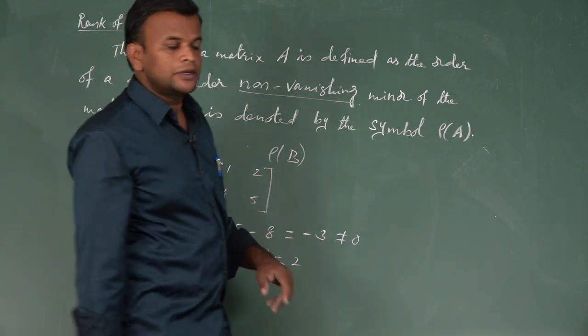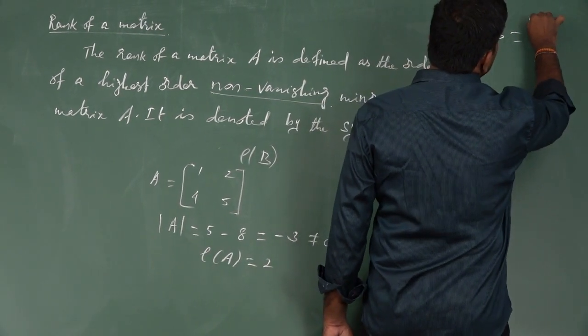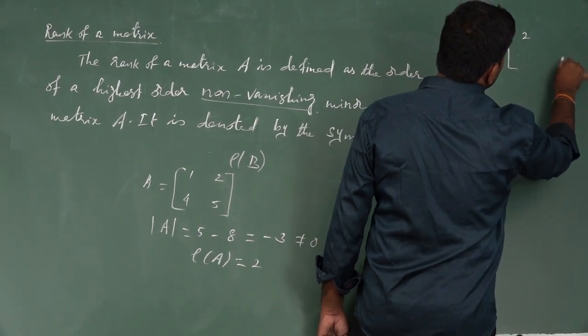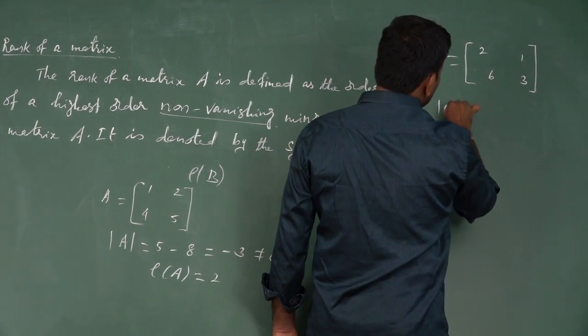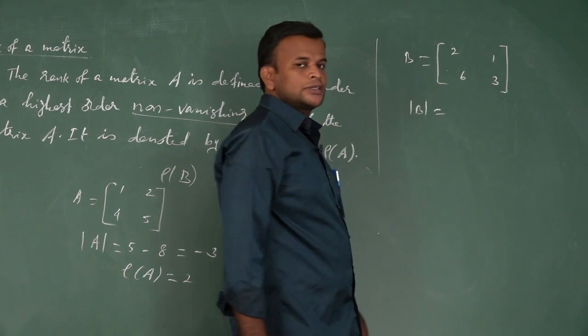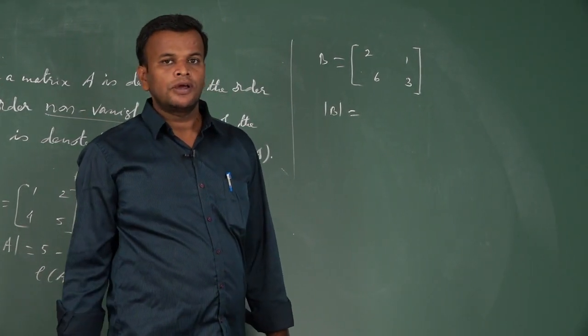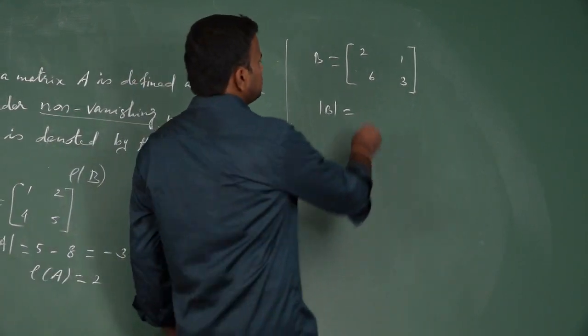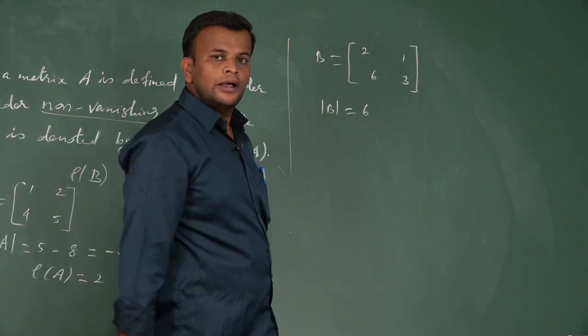I'll give one more example. Suppose the matrix B is 2, 3, 6, 1. To find its determinant, what is the final determinant value? The value is 0. 2 times 1, minus 3 times 6, so 2 minus 6... we multiply these two elements with a minus sign.